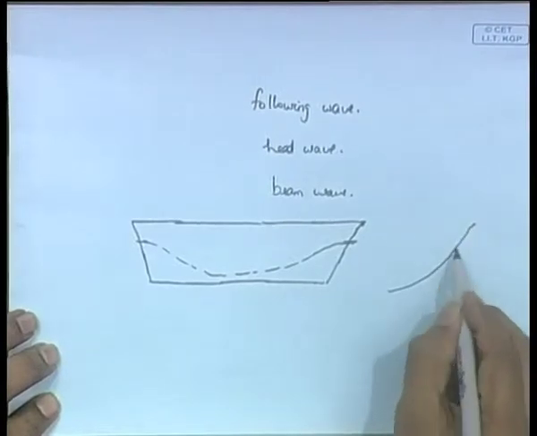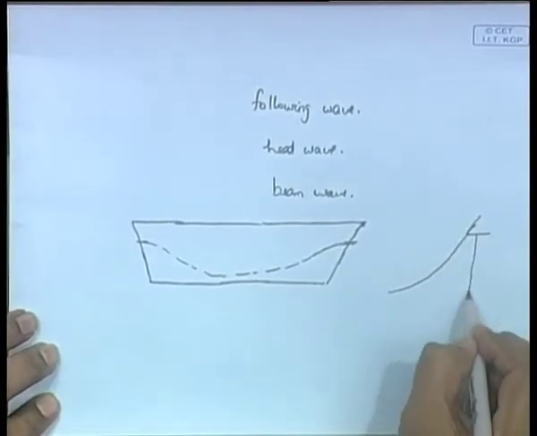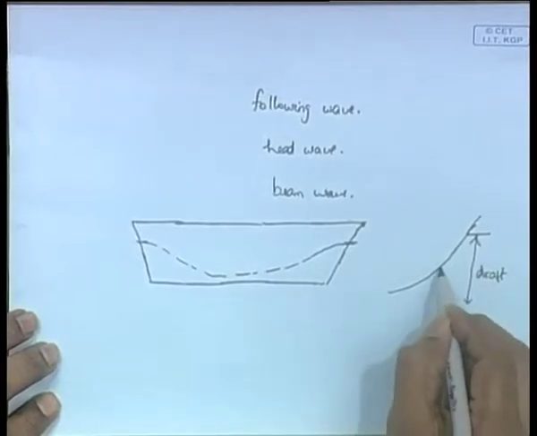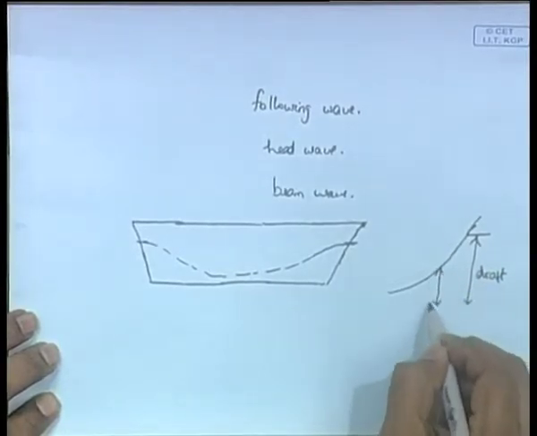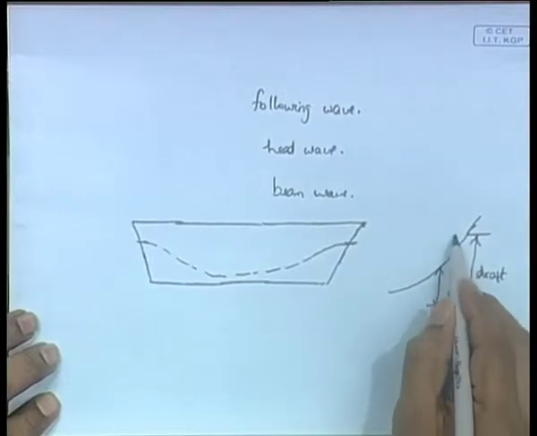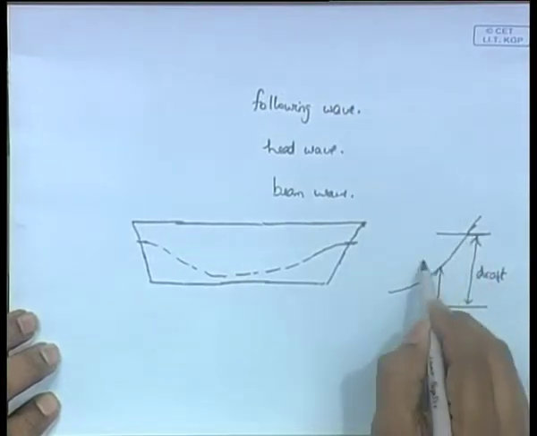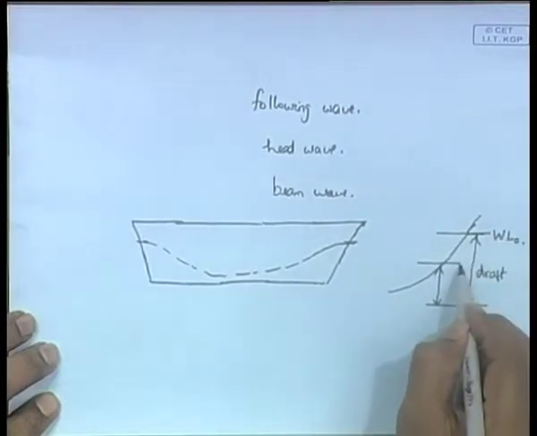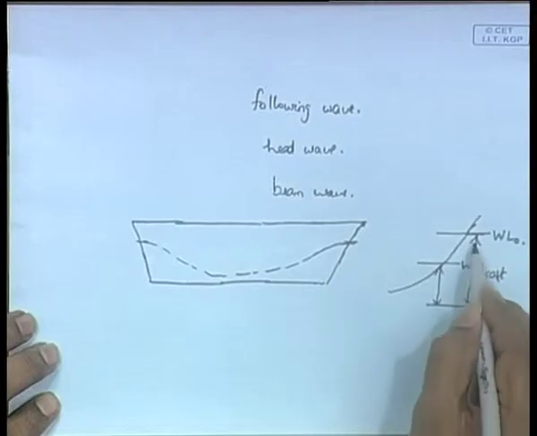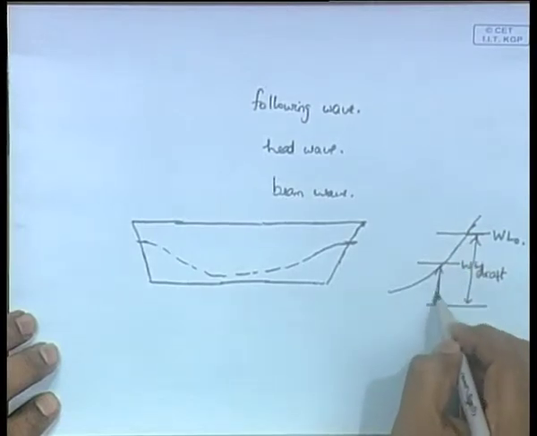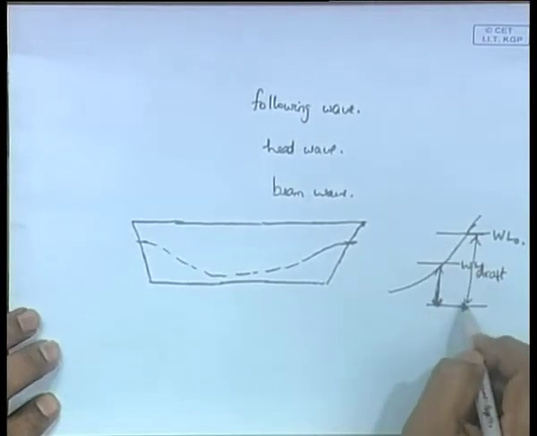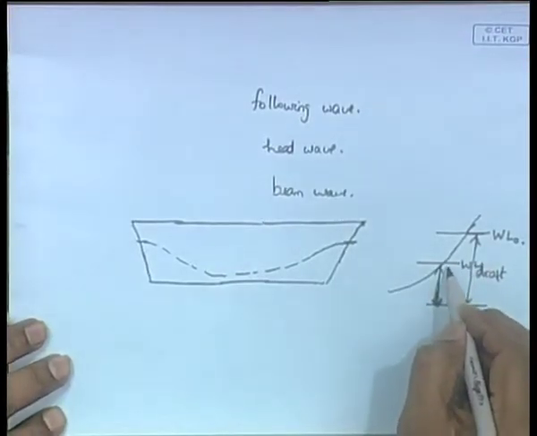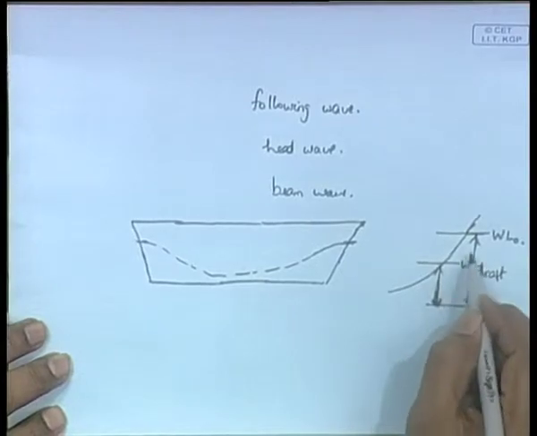So, let us assume that the draft decreases, which means initially the water line is here, this is WL0, and then the water line comes down to here, this is WL1. Now, in a situation like this, where there is a decrease in draft, you see that in general the breadth of the ship has decreased, right.